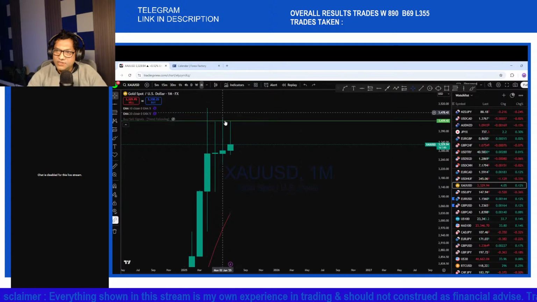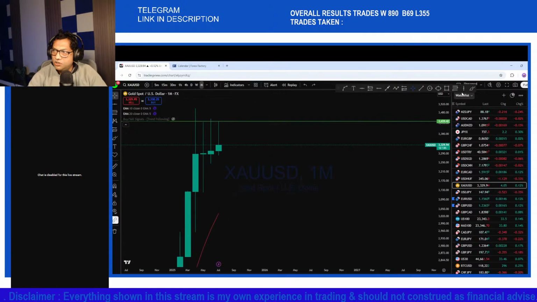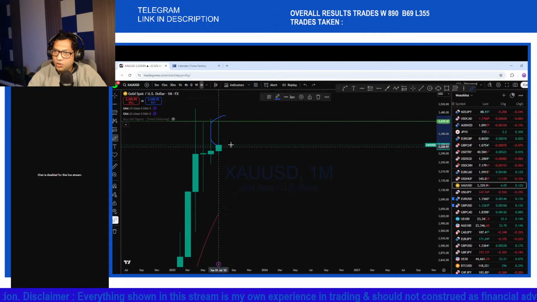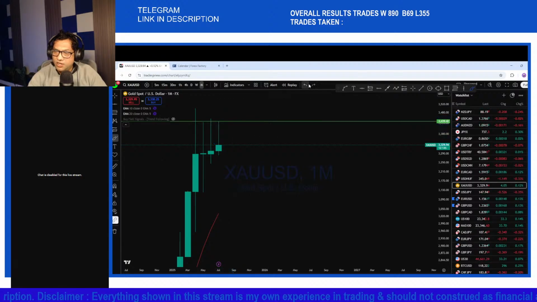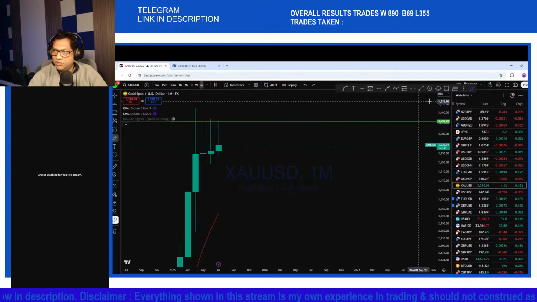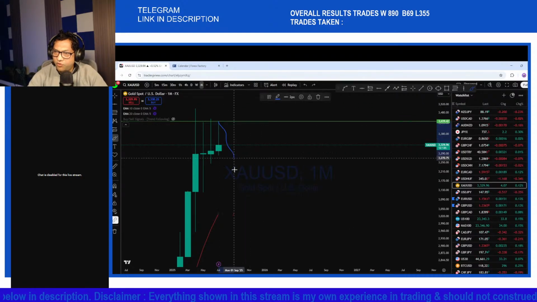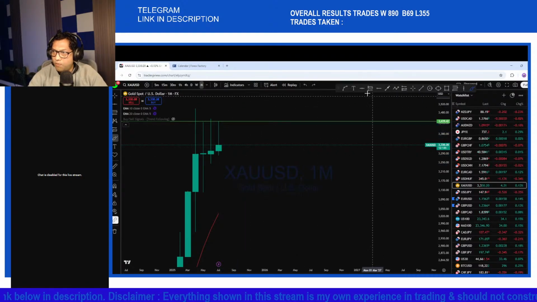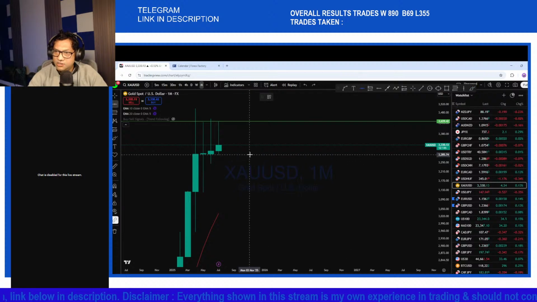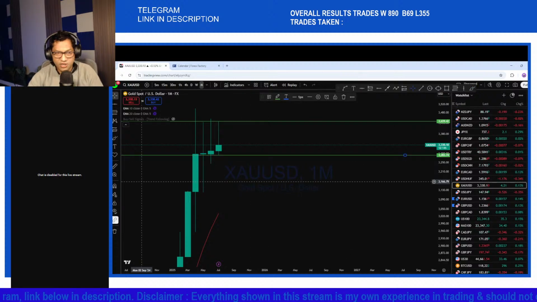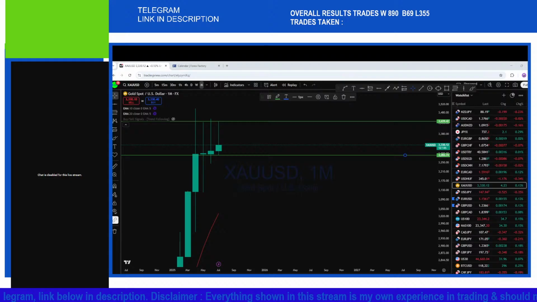Now, that being said, after this long wick rejection on the monthly, as this market is getting the rejection here, we can expect the market to potentially drop back to this monthly support level where the market is heading to that zone.